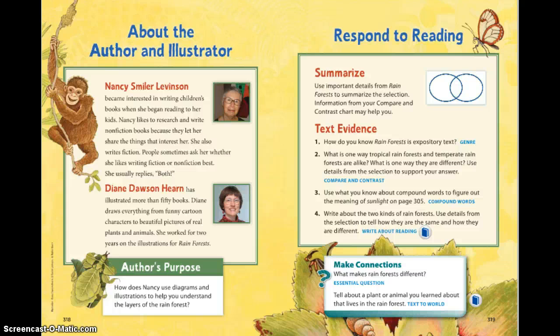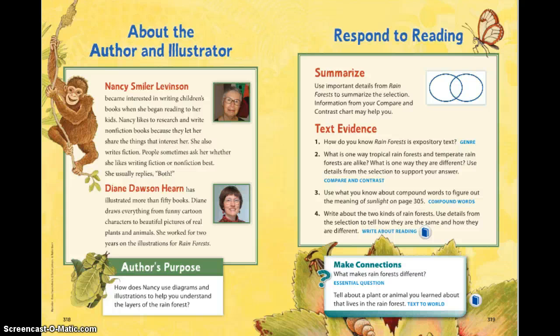She usually replies, both. Diane Dawson Hearn has illustrated more than 50 books. Diane draws everything from funny cartoon characters to beautiful pictures of real plants and animals. She worked for 2 years on the illustrations for Rainforest.